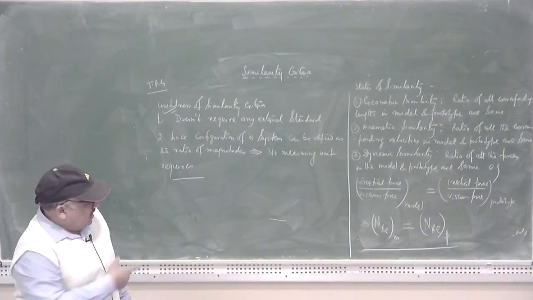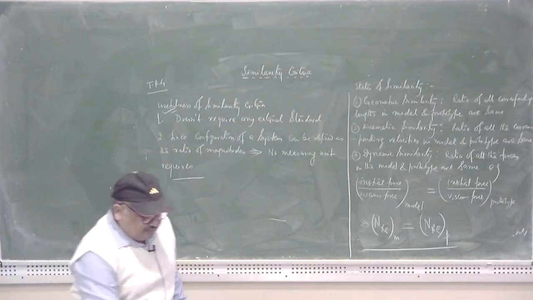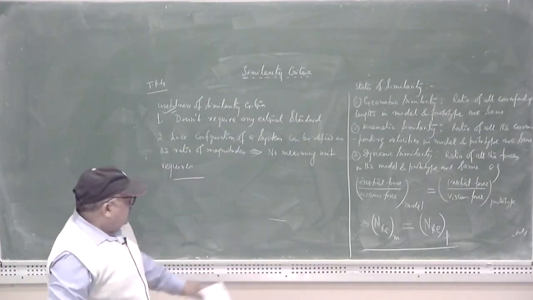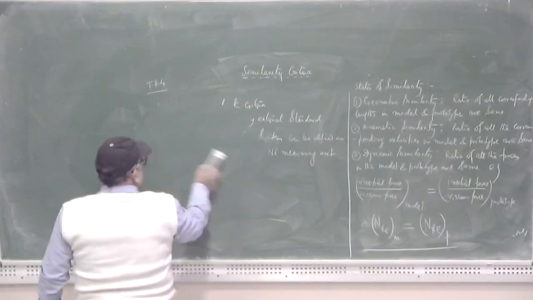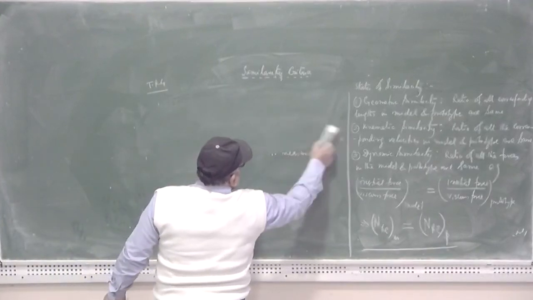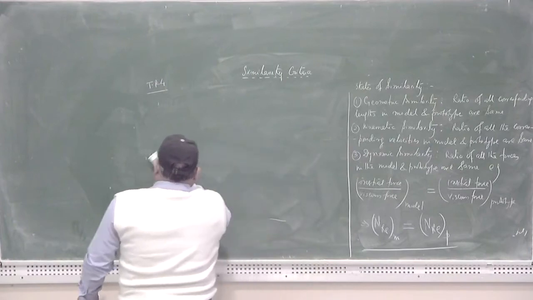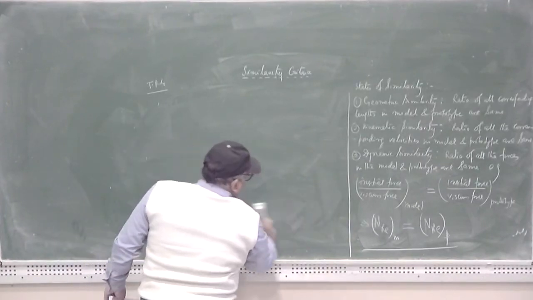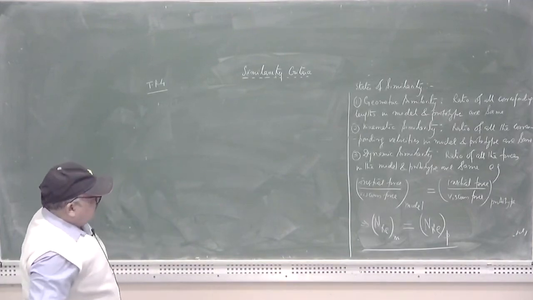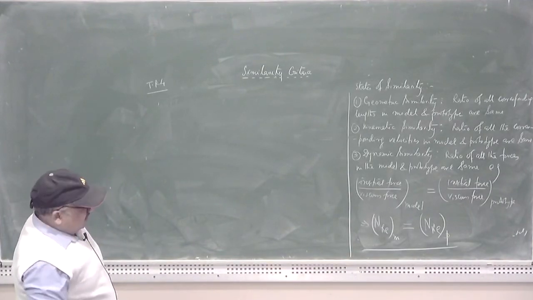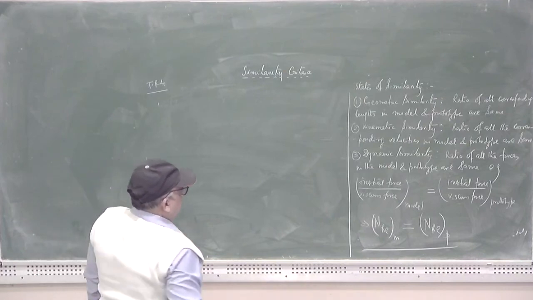Similarly, if the Froude number for both the cases are same, then it is also called dynamic similarity. In the case of mass transfer, if the Schmidt number is same for both the cases, then it is again called dynamic similarity.